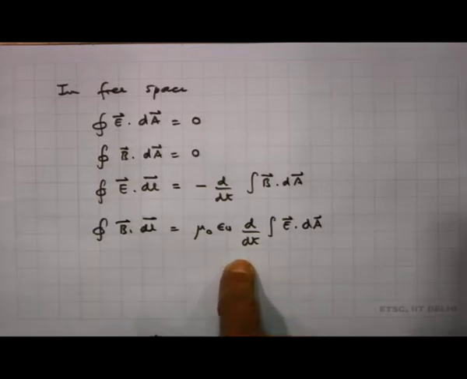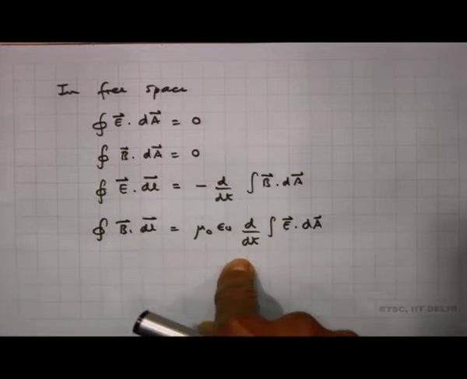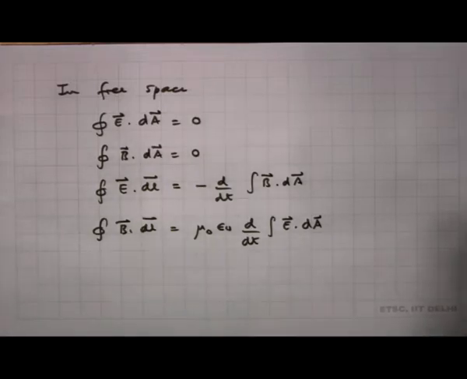and he found that those waves, which are waves of electric and magnetic fields, have a certain velocity, and the velocity of those waves was approximately 3 into 10 to the power 8 meter per second. This velocity which he calculated was so close to the measured velocity of light at that time that he boldly suggested that light waves are electromagnetic waves.